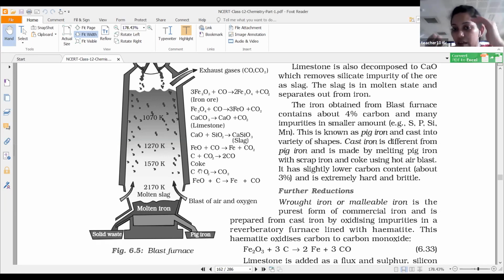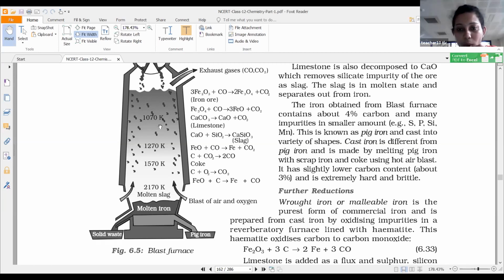That means it reacts with SiO2 and is converted to calcium silicate, that is CaSiO3, and that is converted to a molten state.